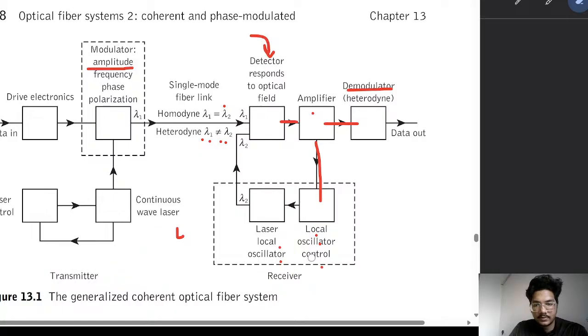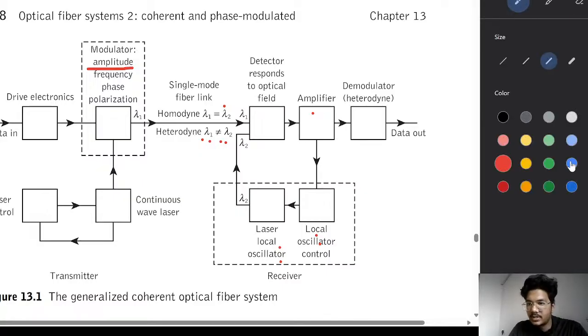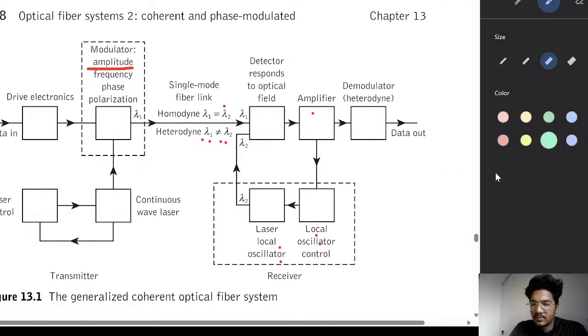Let's see what we have noticed here. First of all, when data is given to the electronic device, then the modulator is placed here, in which frequency, amplitude, phase and polarization is checked.